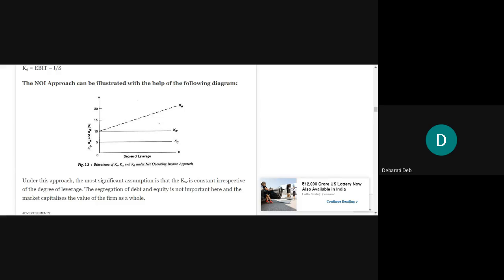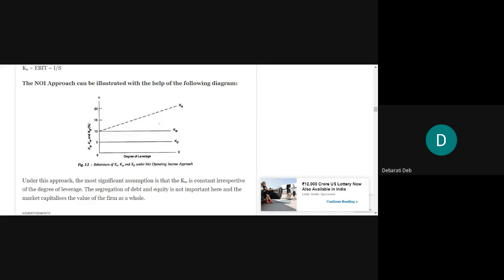Under this approach, the most significant assumption is this one. The segregation of debt and equity is not important here, and the market capitalizes the value of the firm as a whole. Why is the segregation not important? Because this overall capitalization rate has been declared to be constant.